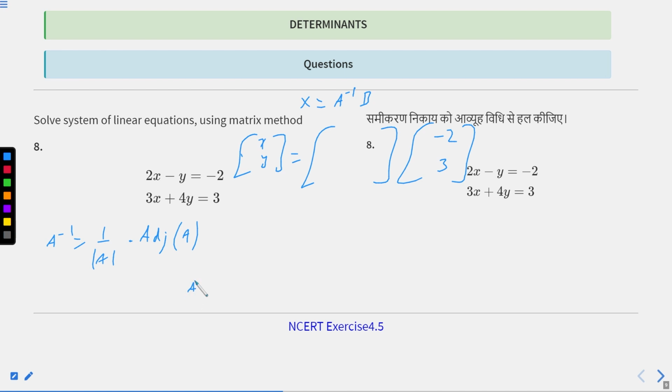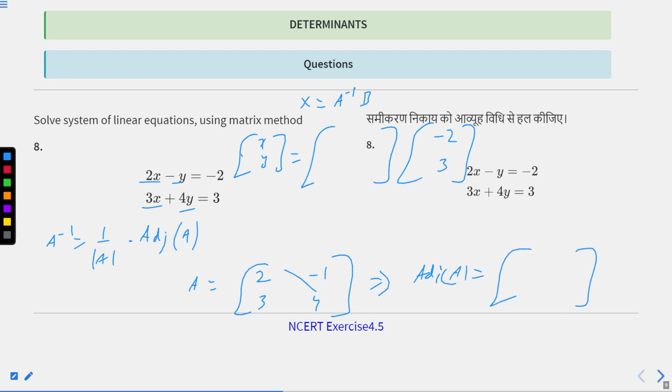Now first of all, let me find the A matrix. A matrix will be the coefficient matrix of the system. Now coefficient will be 2 minus 1, 3, 4. Simple. Now adjoint of A will be: just interchange these positions, 4, 2, and put minus signs to the remaining, so plus 1, minus 3.